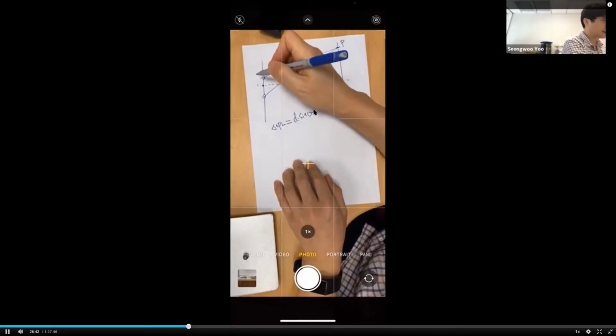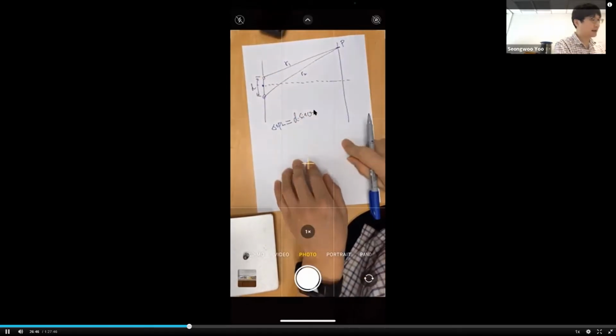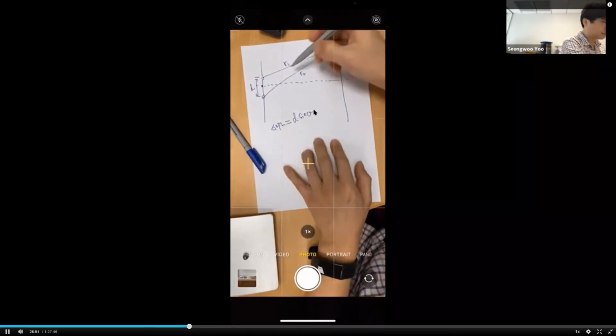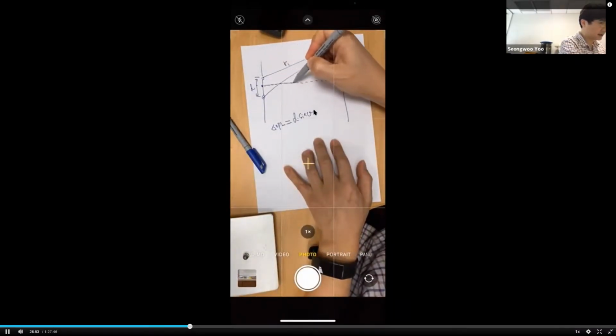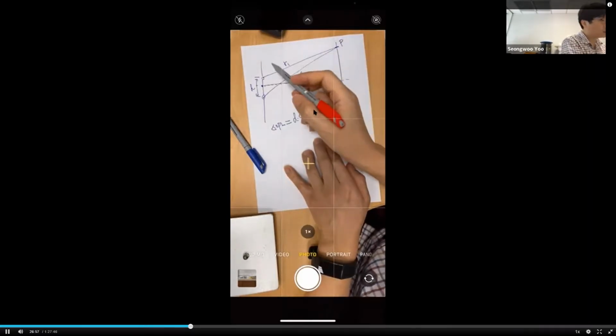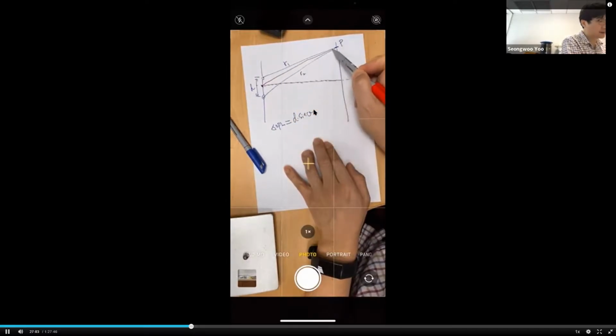The d is the distance of the two slits. And then angle theta is determined here. So I'm going to use this horizontal line as a base of the triangle. And then I'm going to introduce another line from this center to the point P. All right.